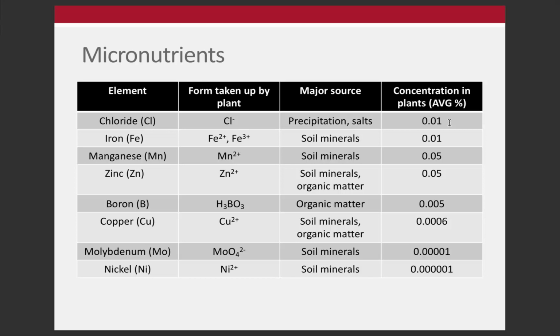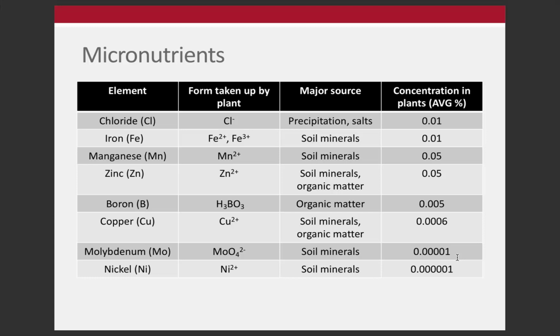So I just list here in percentages to give you an idea of the magnitude in terms of how many coppers or borons or molybdenums or nickels there are for every, say, in the context of nitrogen. So many orders of magnitude more nitrogen atoms in a plant than we'd find of some of these micronutrients.